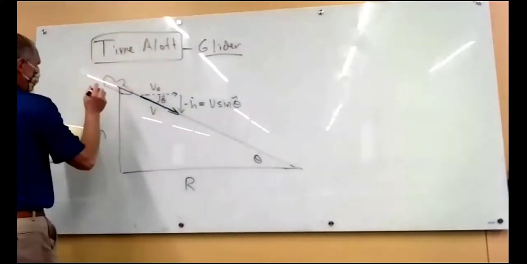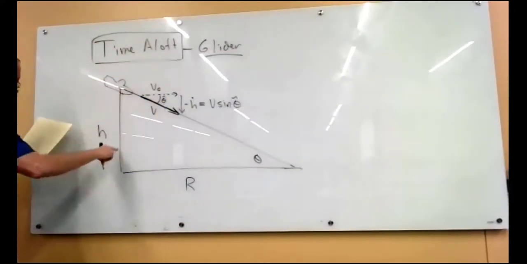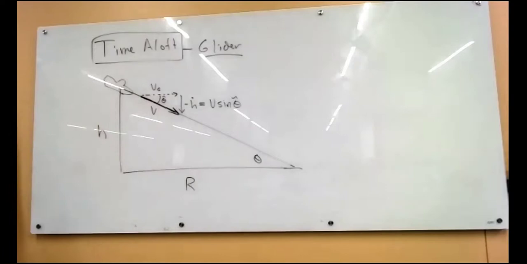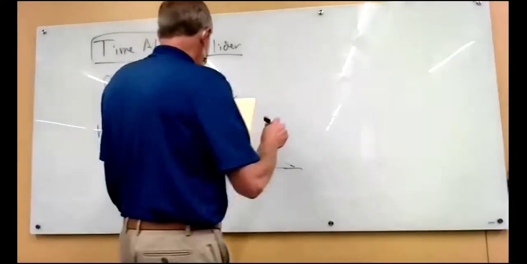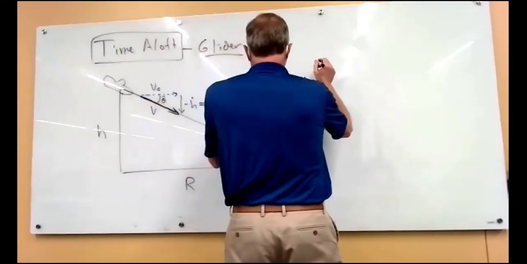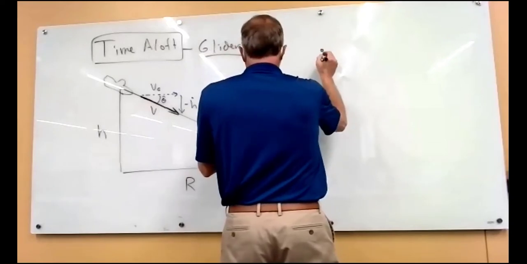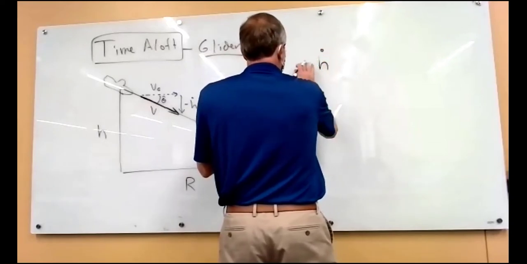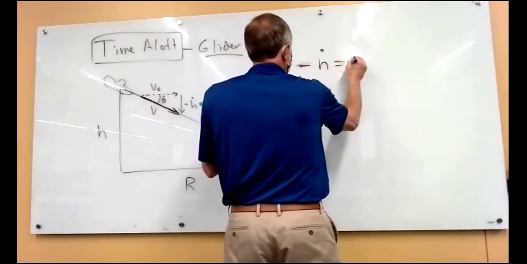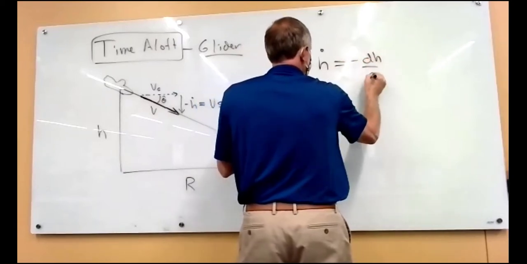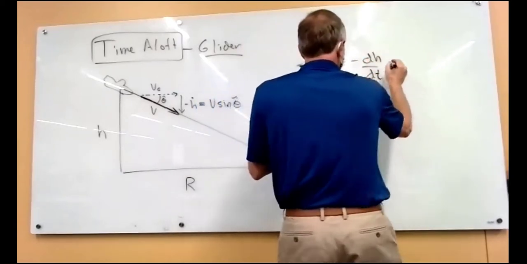What we're going to do is we're going to say we're at an altitude h, and we go down and hit the ground at that velocity. So it's just integrating velocity and time. So minus h dot is minus dh by dt.